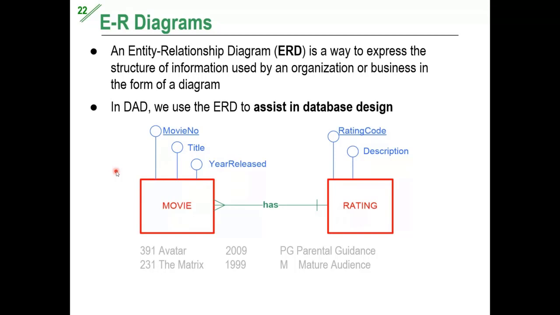We are trying to capture the information regarding two things. So we have movies, so one object, and we have ratings. For example, movies have different ratings, right?